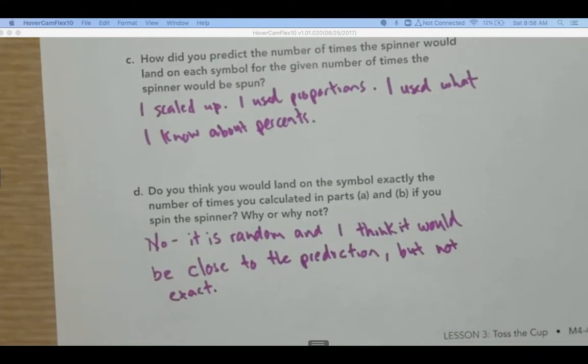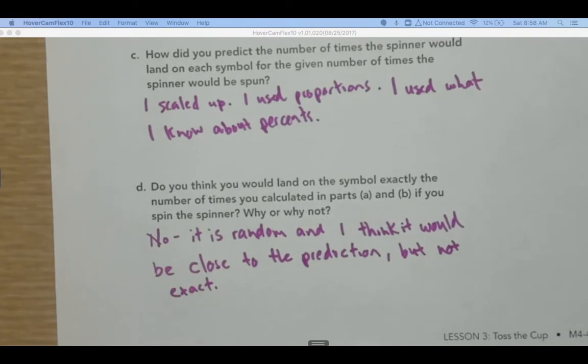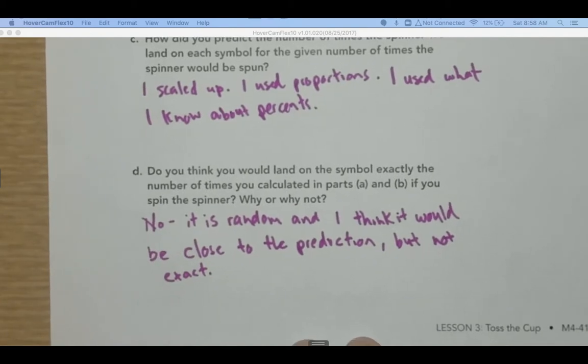Okay. The actual number of times the spinner would land on a symbol is random. The prediction gives a close estimate of how many times you would expect the spinner to land on the symbol. So it's not giving me the exact answer, it's giving me a really good estimate. Okay.